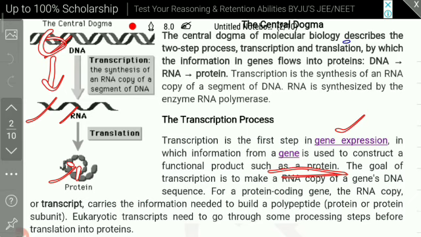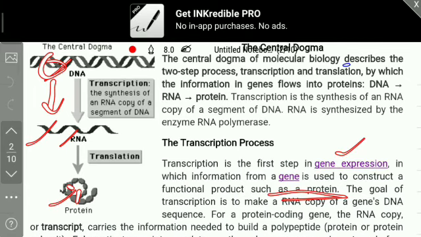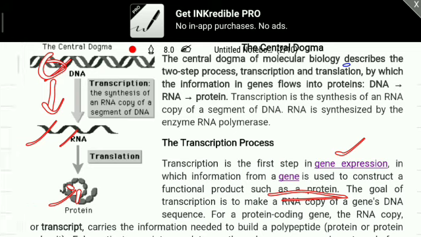Transcription is the first step of gene expression. That is very important. What is gene expression? A particular part of the DNA is expressed into RNA, then RNA is converted into protein. This is called gene expression. Gene to RNA, RNA to protein. This entire process is said to be gene expression.